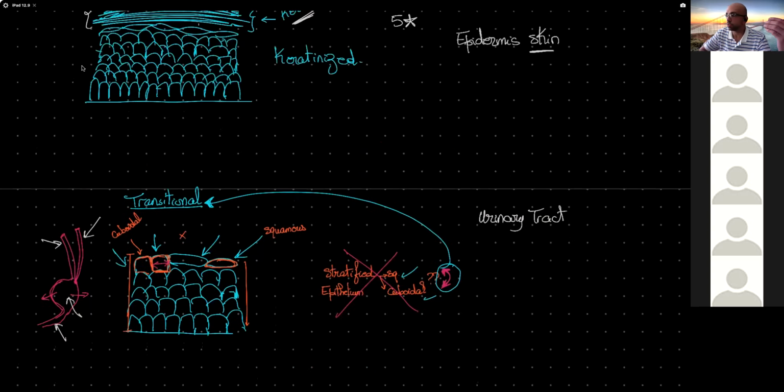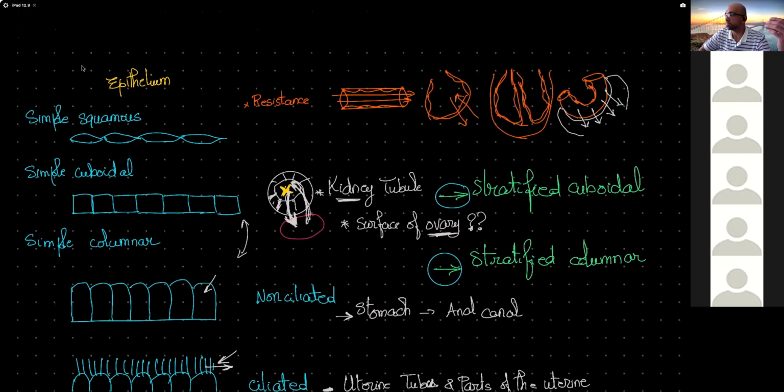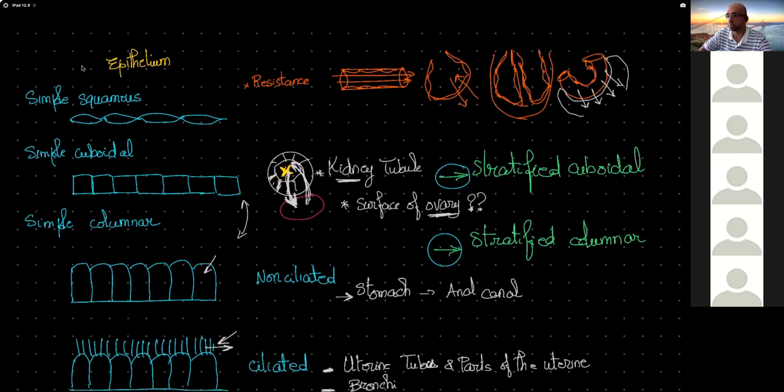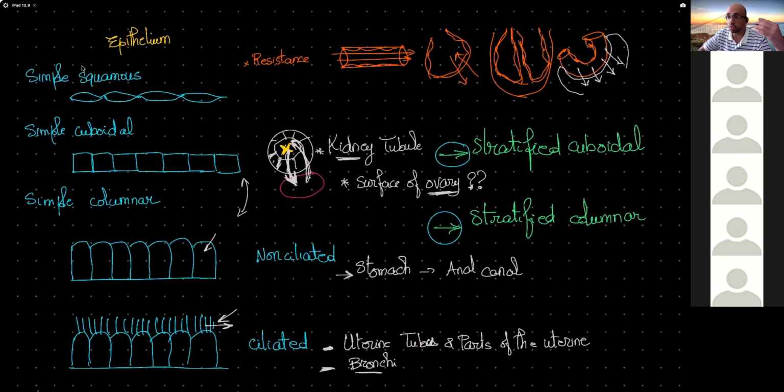Does this make sense so far, what I'm saying? So try to make it as logical as possible. When you look at the tissue, its appearance serves its function, and its function tells you where it's located.